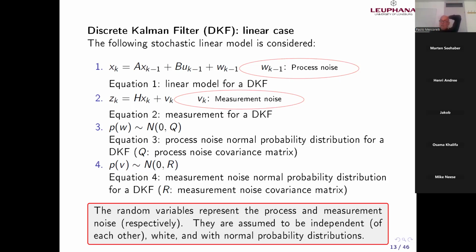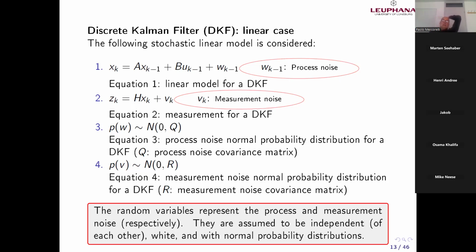Now, the characteristics of this W and V, we can see at point 3. This condition basically represents the process noise with a normal probability distribution for a digital Kalman filter. And in this sense, Q is not the variance but the covariance, assuming that we have more than one state, of course, otherwise it's the variance.